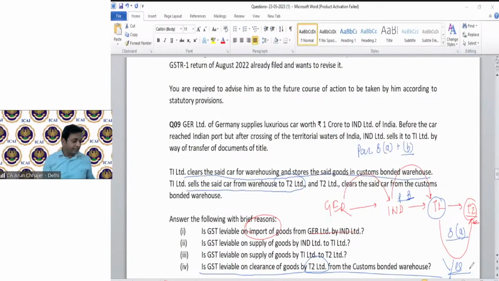So which chapters have we done today? Place of supply, time of supply, value of supply, registration, tax invoice, payment of taxes, return, and import export. So I have tried to touch 8 chapters today.